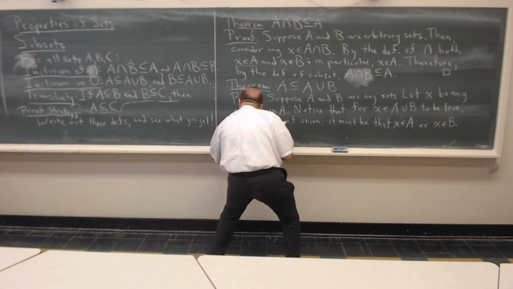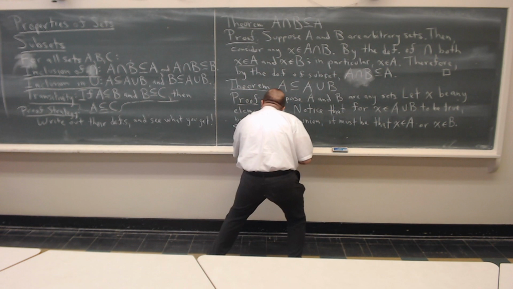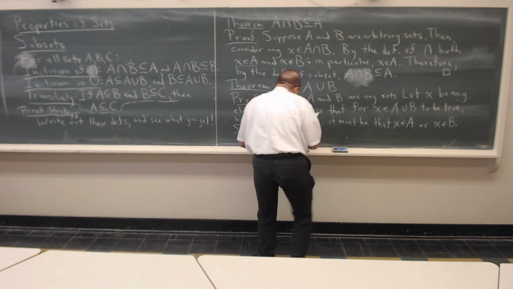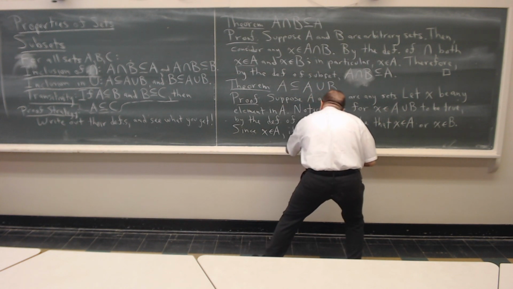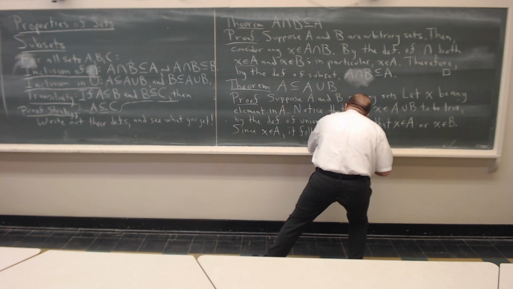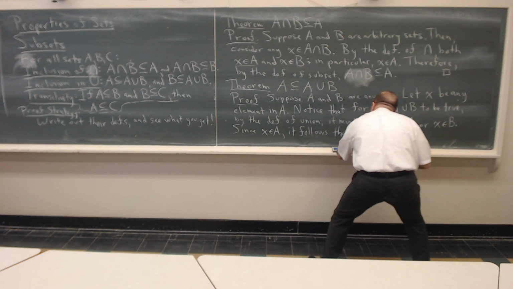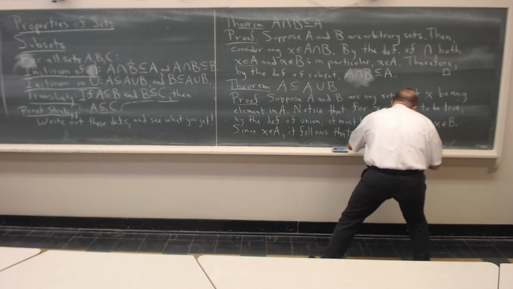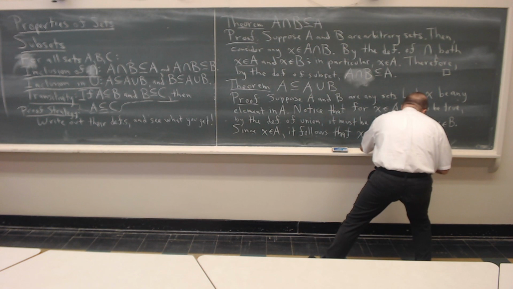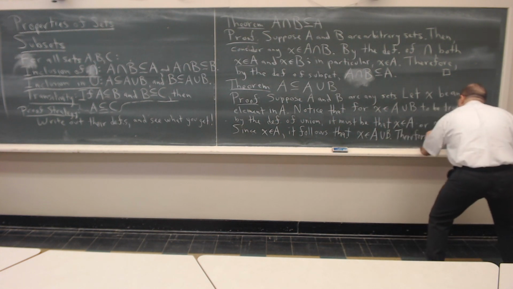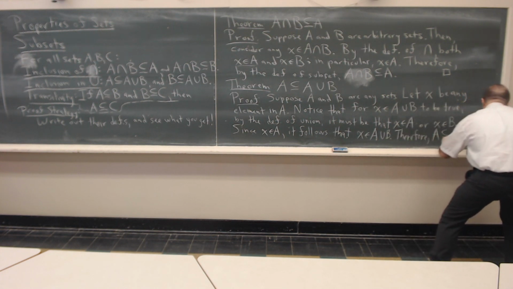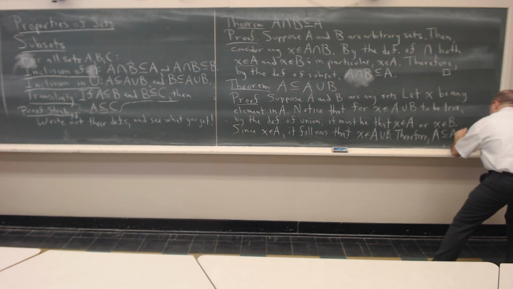So, since x is in A, it follows that x is in A union B. Therefore, A is a subset of A union B. End of proof.